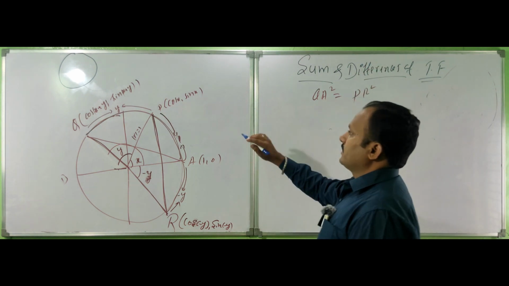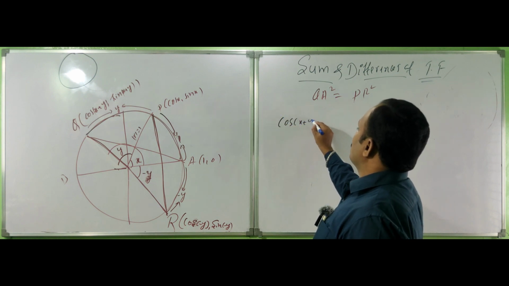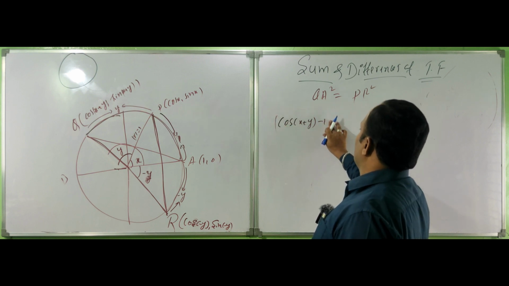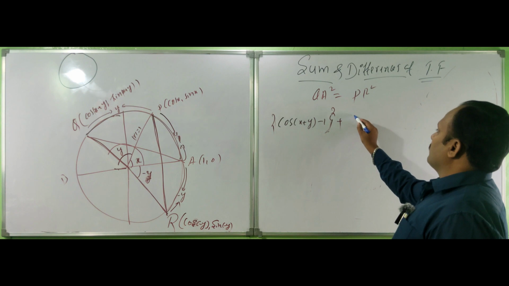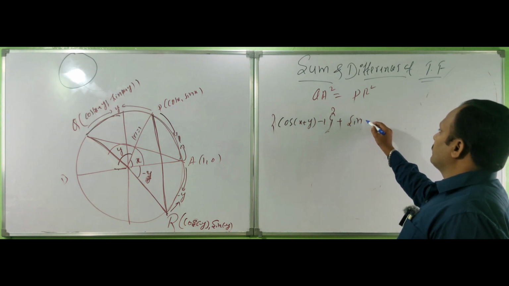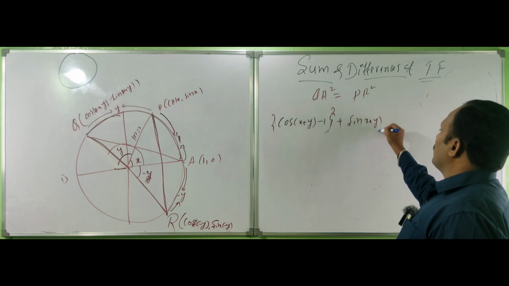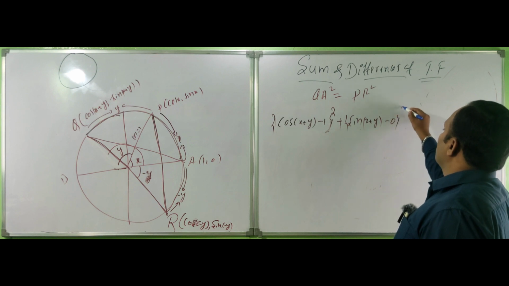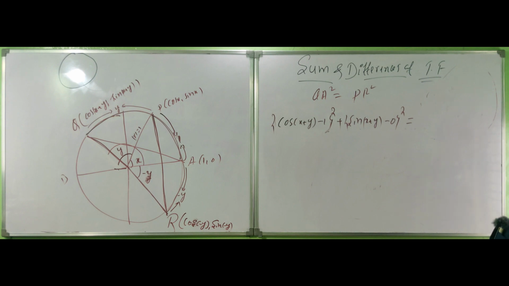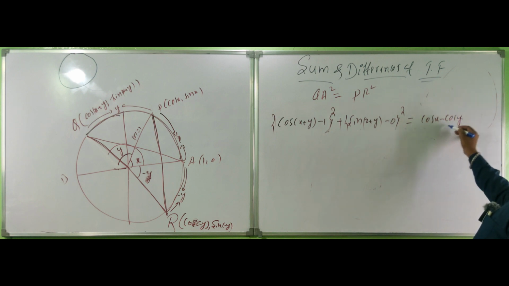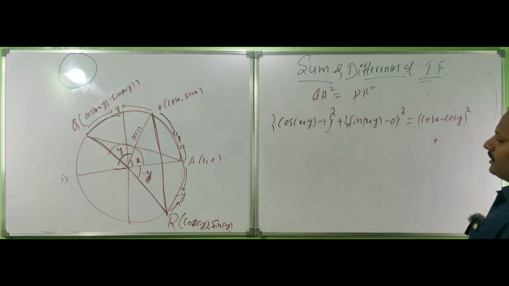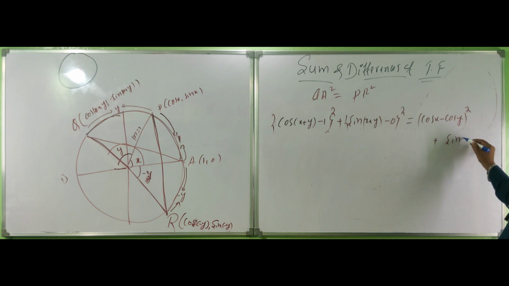QA square: applying, cos of x plus y minus 1 whole square plus sine of x plus y minus 0 whole square is equal to, since cos of minus y is cos y, cos x minus cos y whole square plus sine of x plus sine of minus y, which becomes minus sine of y, whole square.